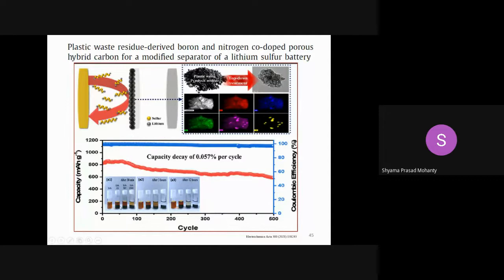You soak this nitrogen doped porous carbon and boron, nitrogen co-doped porous carbon. After 3 hours the color is fading, and after 12 hours you can easily distinguish the two. This one is the polysulfide solution, and this is the polysulfide solution with the boron nitrogen co-doped porous carbon. So the polysulfides are adsorbed, which means these are successful in retaining the polysulfide. That's why the capacity change is much less, and you are maintaining very high coulombic efficiency.